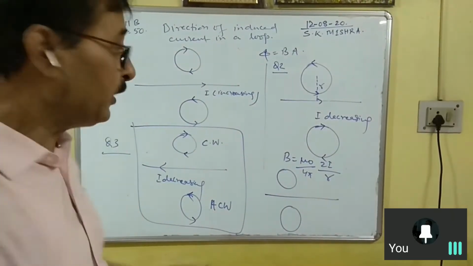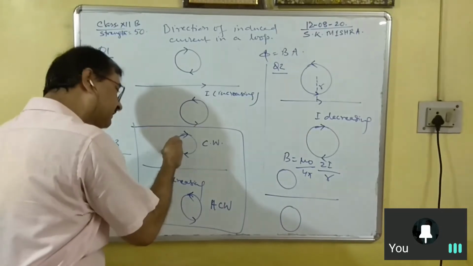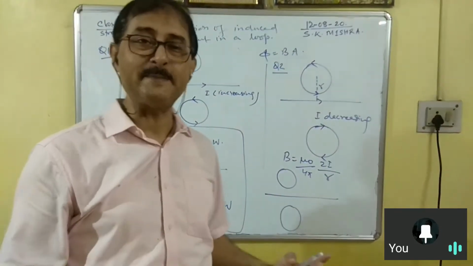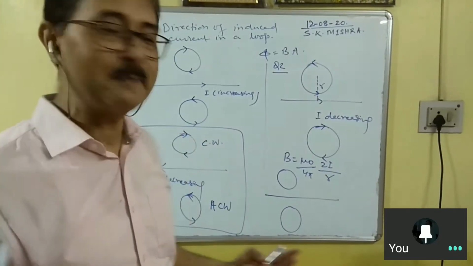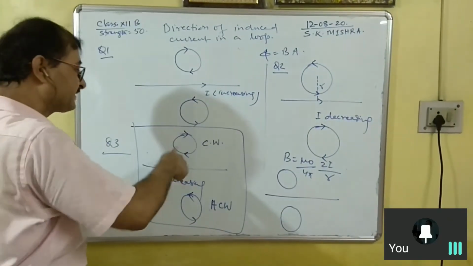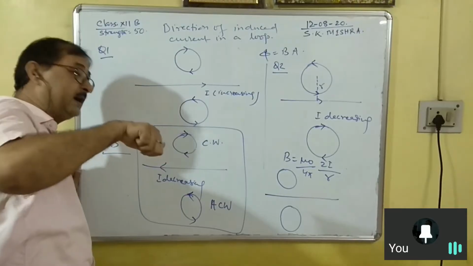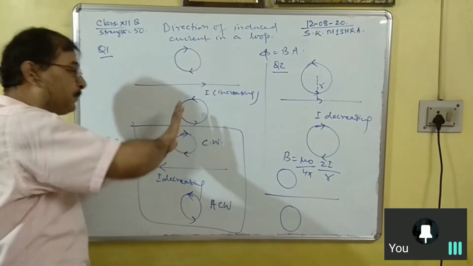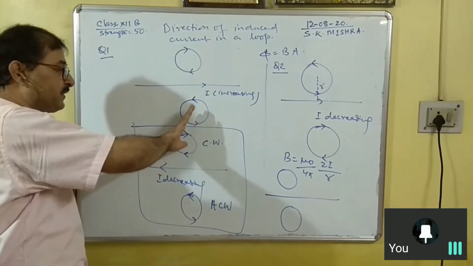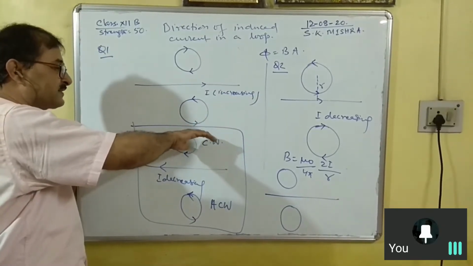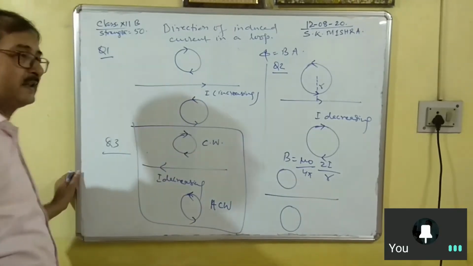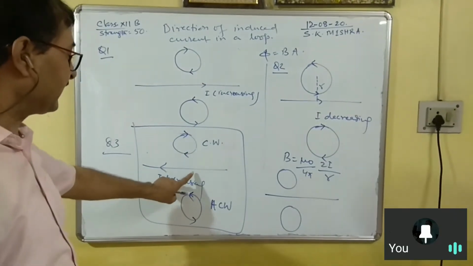So the loop will also apply the field in the same direction. Field being a vector quantity, two fields in the same direction get added. So the magnetic field of the loop should also be into the plane of the whiteboard, pointing inwards. So what should be the current in the loop? This is the finger, direction of finger, rotate the finger, clockwise. Then only the field of the loop is in the same direction as that of the current carrying straight wire.